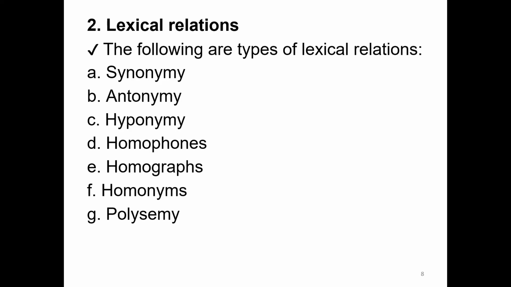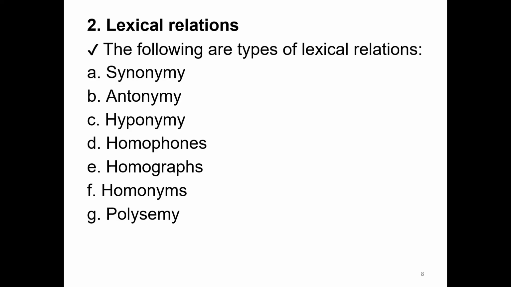And there are so many other things you also need to learn relating to words as well. We also need to look at the lexical relations of words. We need to look at the semantic features of words. We also need to look at the semantic roles of words as well when they are used in a sentence.